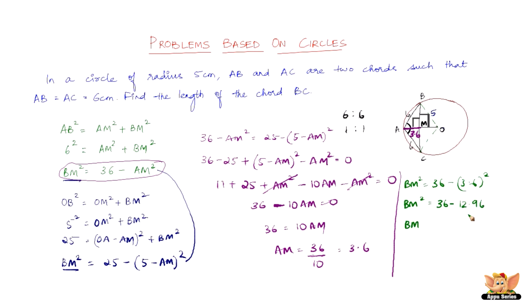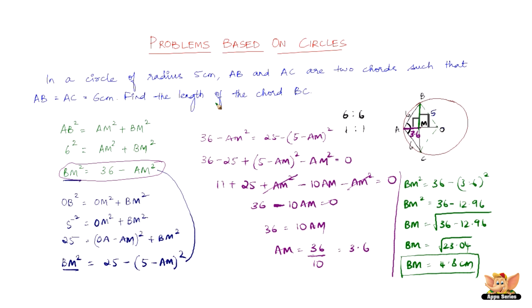BM equals the root of 36 minus 12.96, which is the root of 23.04. So the root of 23.04 equals 4.8 centimeters. So we found BM to be 4.8.